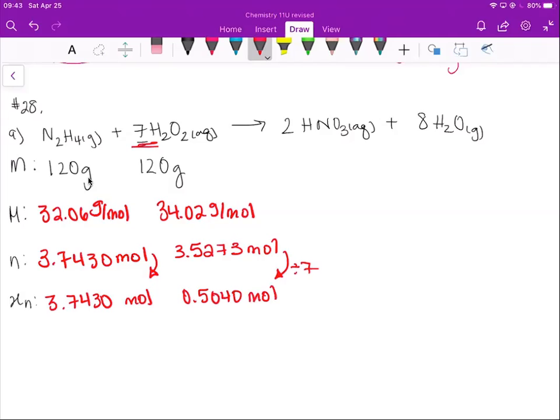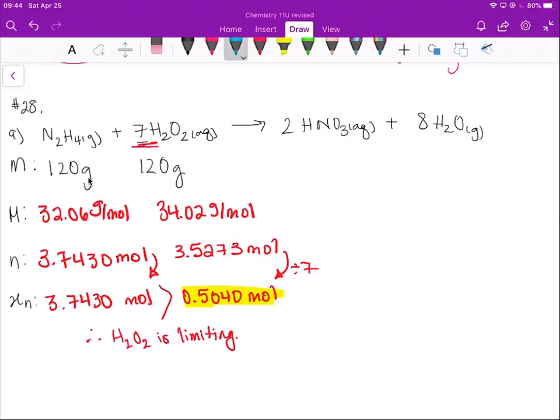Way, way, way less. So who's my limiting reactant? Hydrogen peroxide is my limiting reactant. Okay, so you can write that down. Therefore, H2O2 is limiting. It's going to run out.